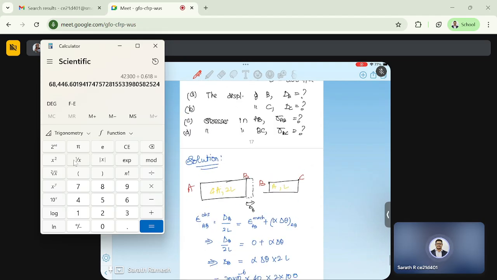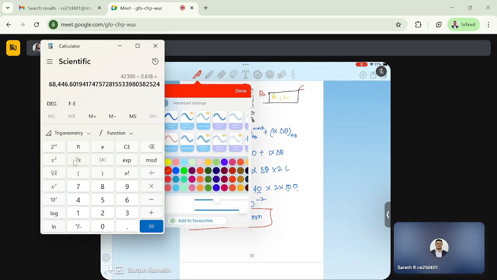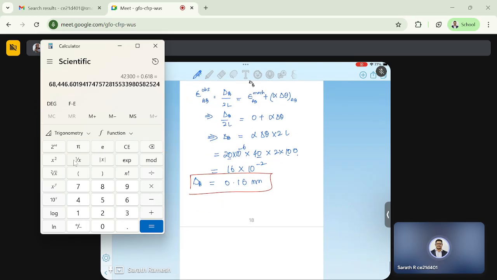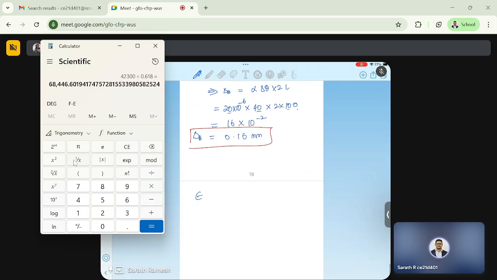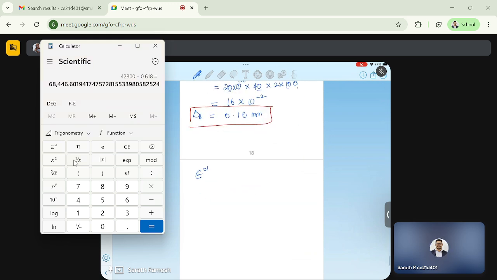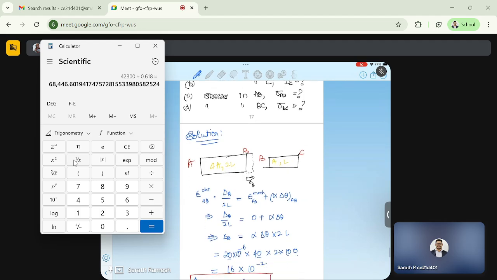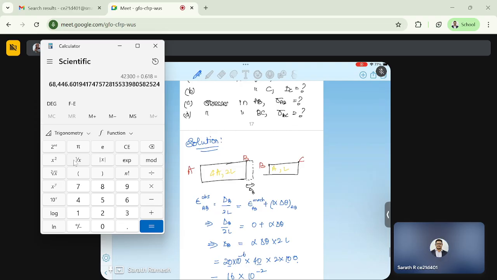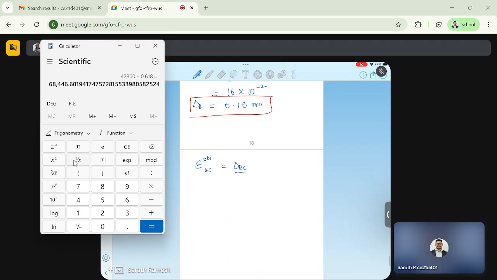Next question is delta C. So for delta C, we will take the free body of BC portion. So from free body of BC, what is observed strain in BC? Observed strain will be delta BC by L, right?